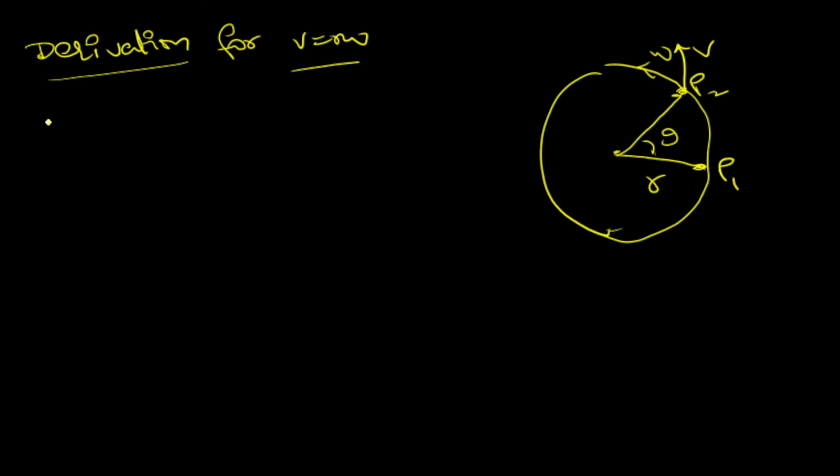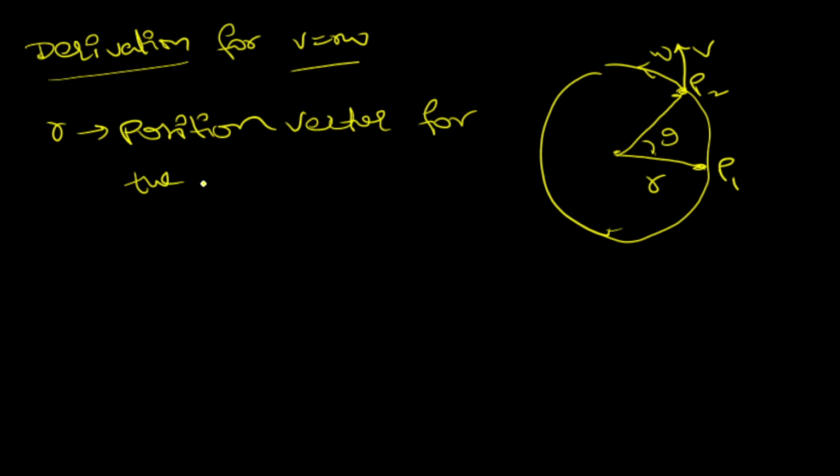So here r is the position vector for the particle. I am taking the distance of the particle covered as s. S is the distance covered by the particle.